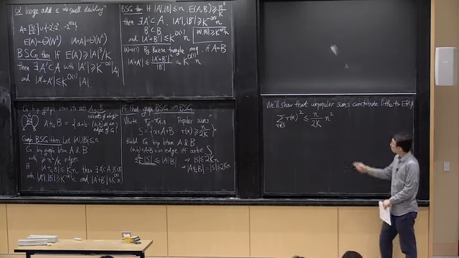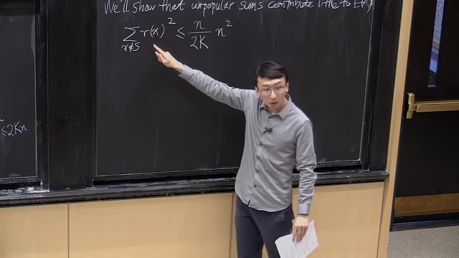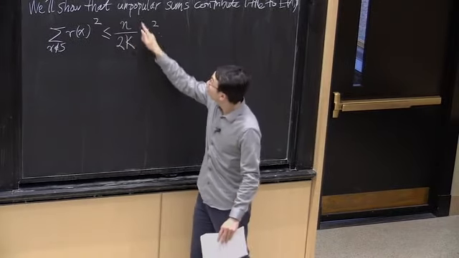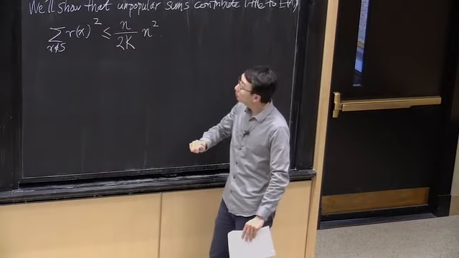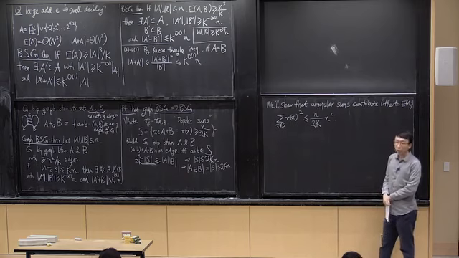Because I can take out one factor, R, upper bound by this number, just by definition, and the sum of the R's is n squared.